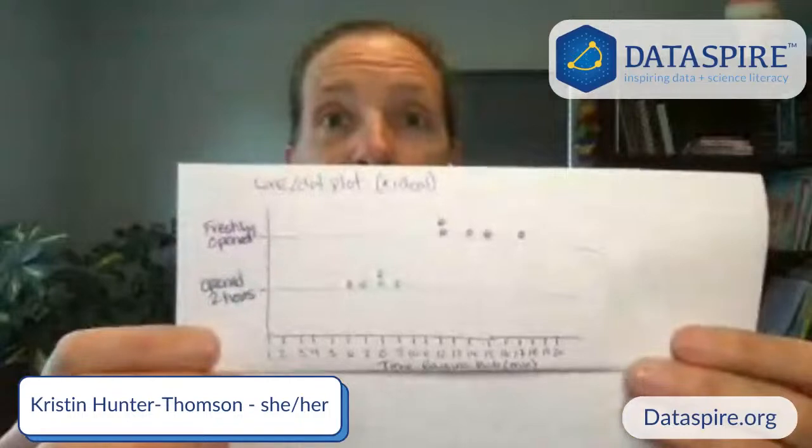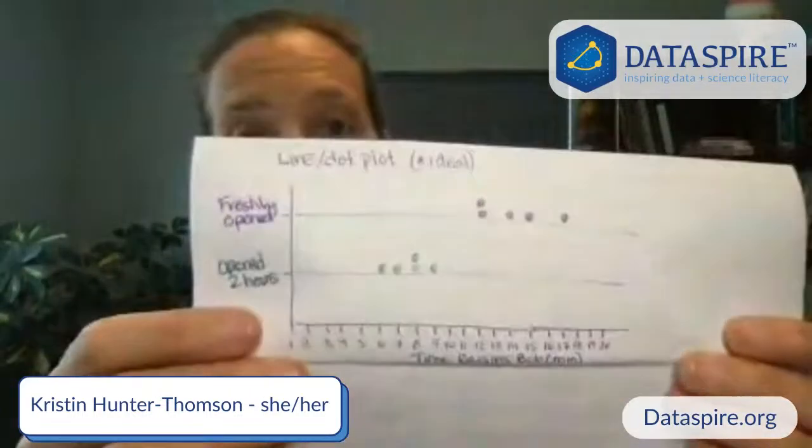And speaking of two different variables, we can compare across different variables. Yes, many of us often think about scatter plots, but I want to point out that we can compare across variables in other graph forms as well, right? So here we have a categorical variable, freshly opened and opened 2 hours ago. Here we have time. Our students love time.